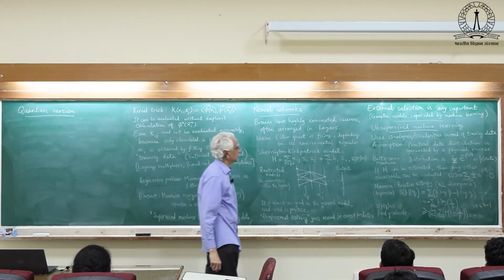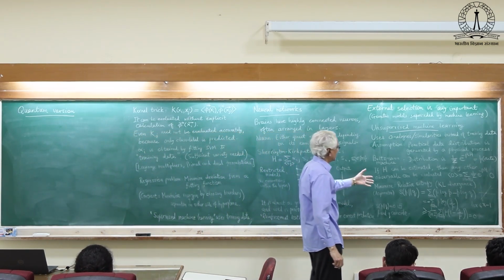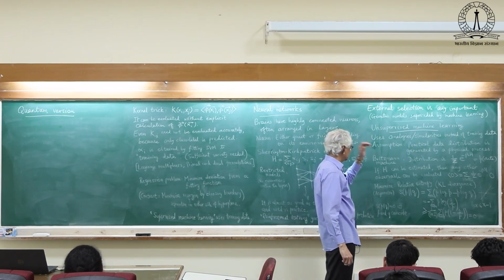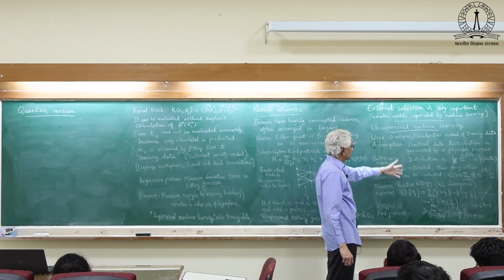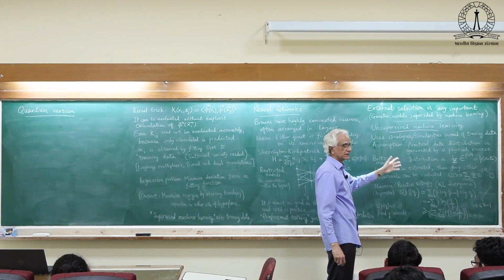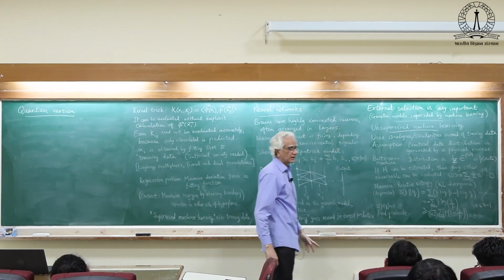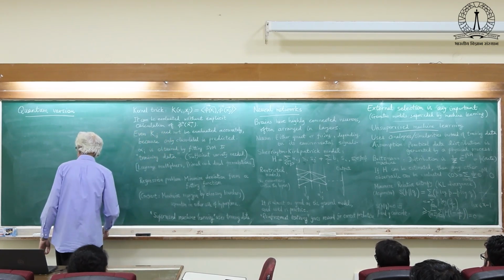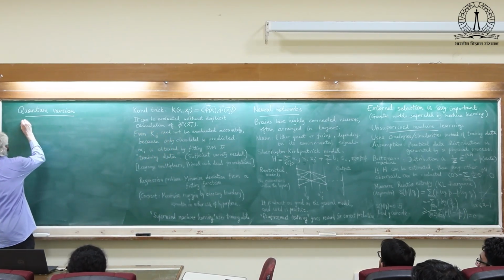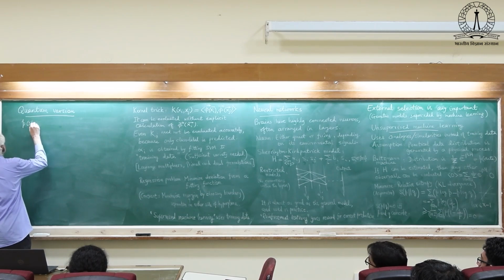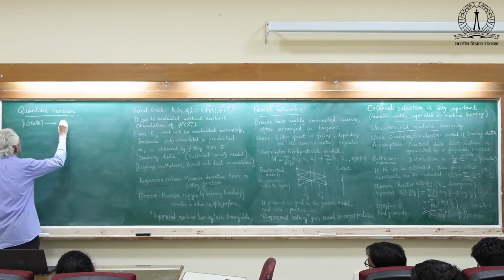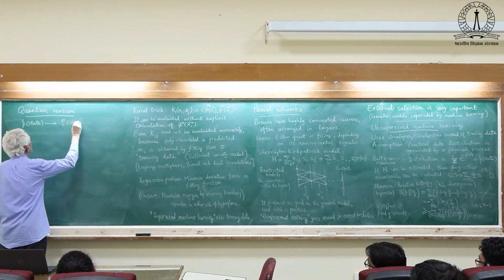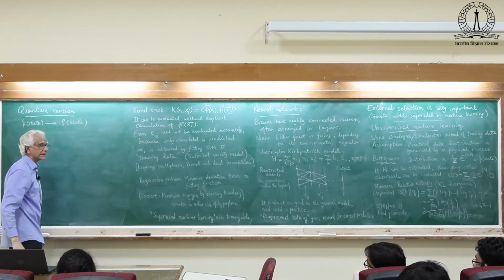So, what do we do in quantum theory to calculate the same kind of thing, some distribution, some expectation values, which are all well known functions. So, this probability of some state is replaced by the density matrix.